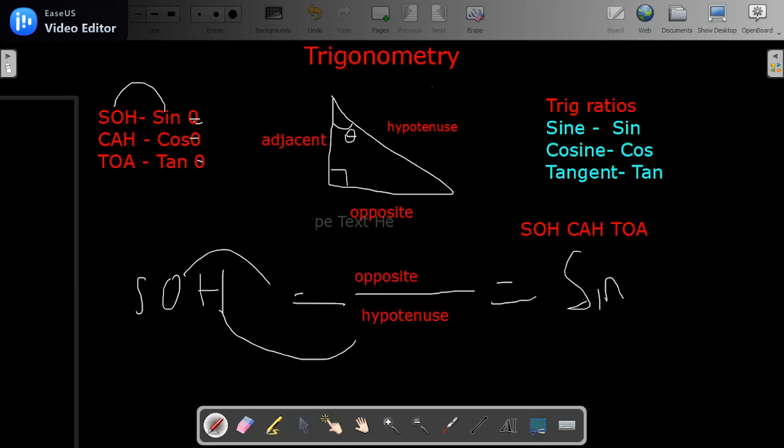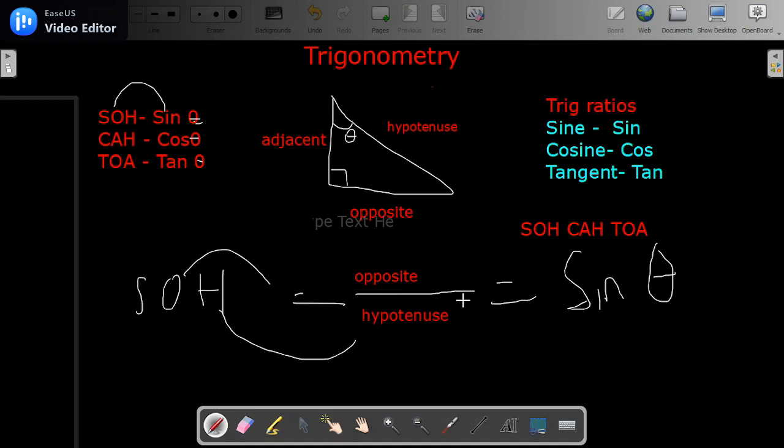Then sin theta is equal to opposite over hypotenuse. Can you see I've been able to derive it? Since SOH works with sin theta, then O stands for opposite, H stands for hypotenuse, then sin theta is equal to opposite over hypotenuse.